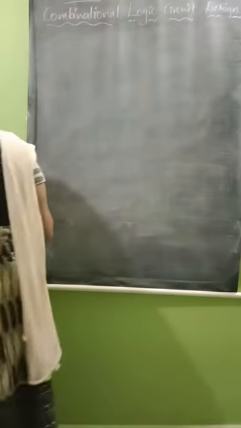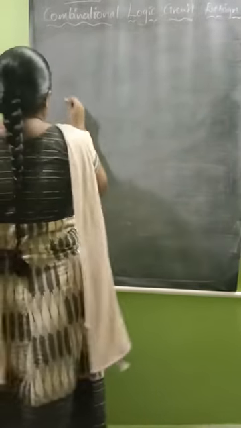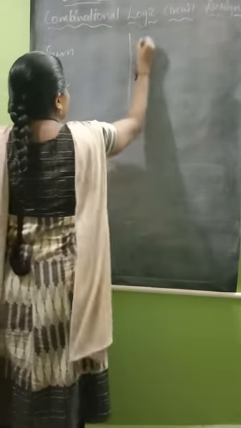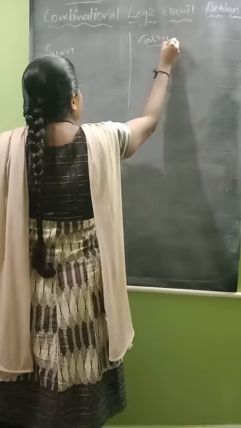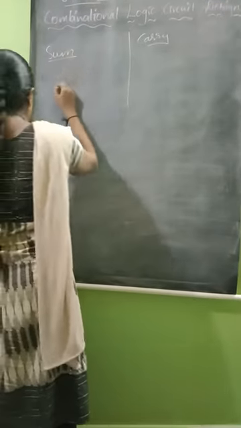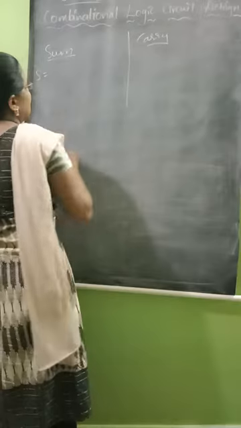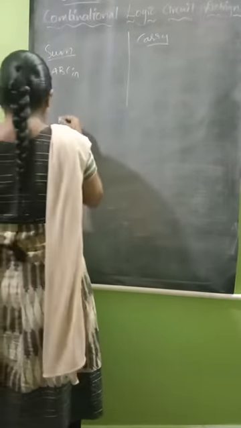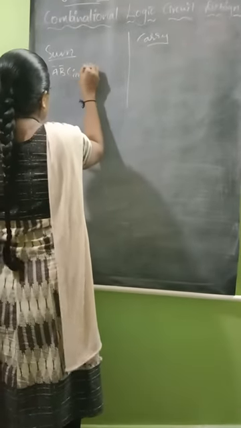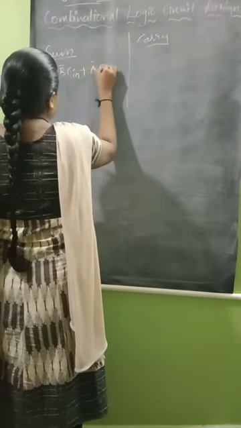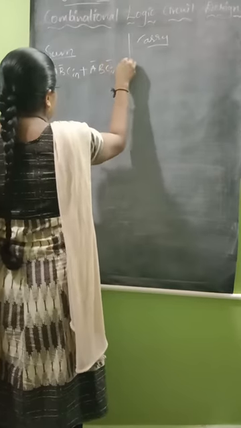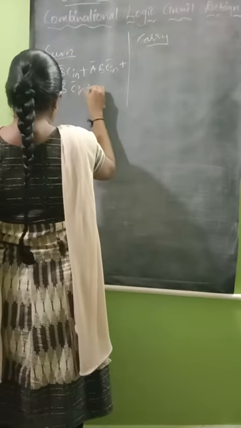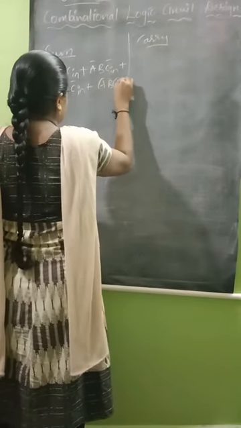Now we can explain the sum and the carry. For the sum, S equals, with the possible inputs A, B, and C in: A bar B bar C in plus A bar B C bar in plus A B bar C bar in plus A B C in.